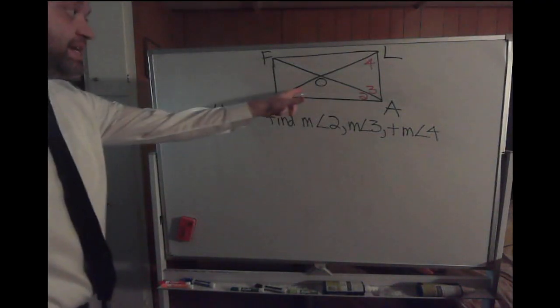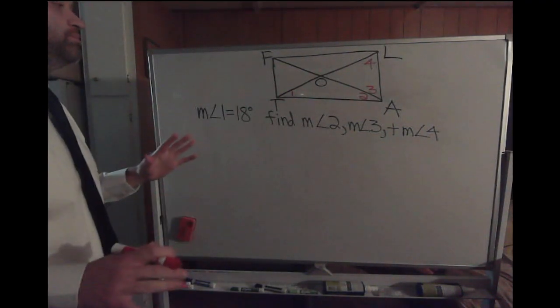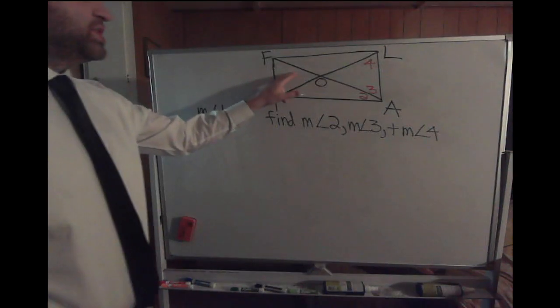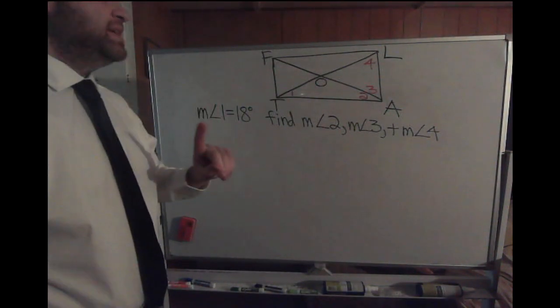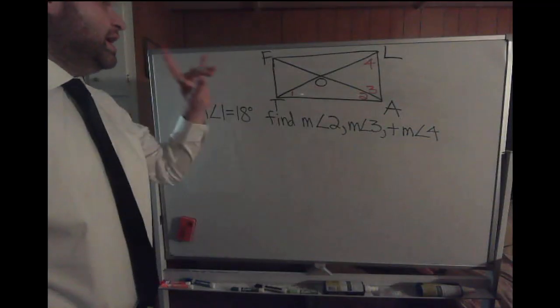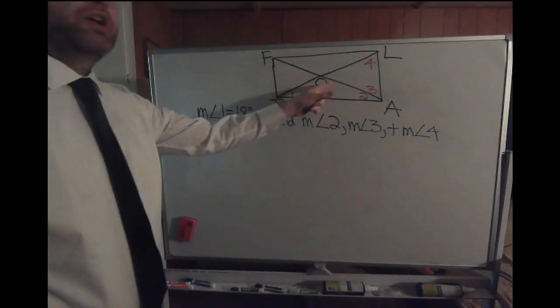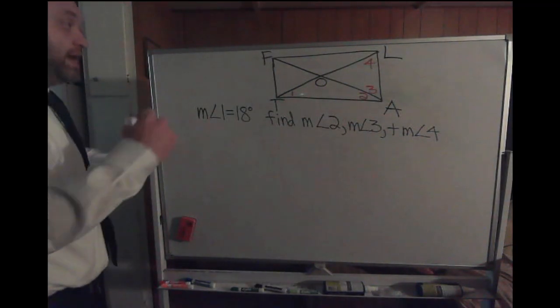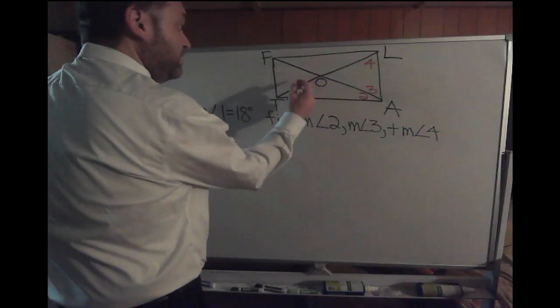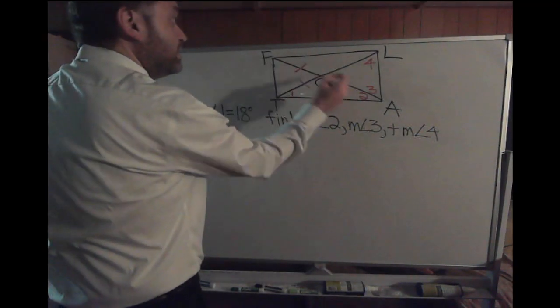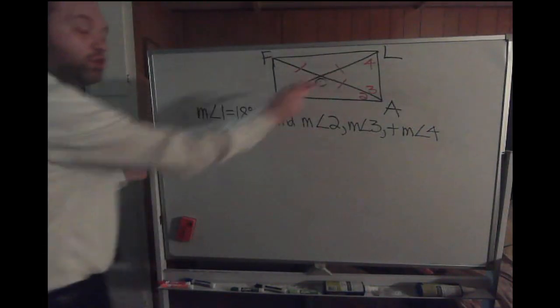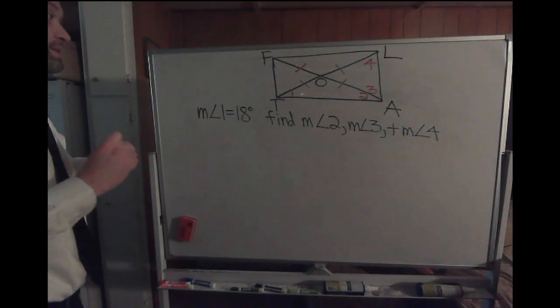We know one's 18 degrees. Well, the diagonals of a parallelogram bisect each other, and the diagonals of a rectangle are congruent. That means that TO would be congruent to AO. FO would be congruent to LO, and then they're all congruent to each other, all 4 pieces.